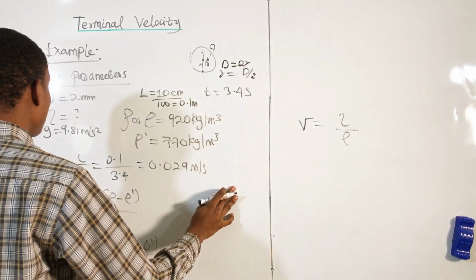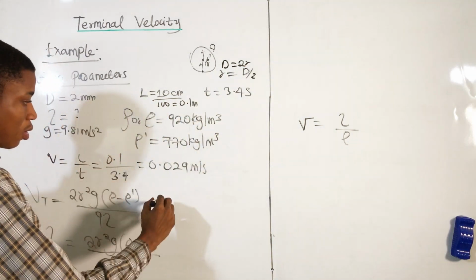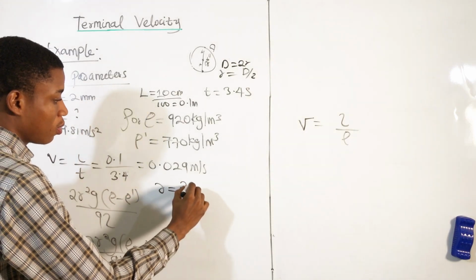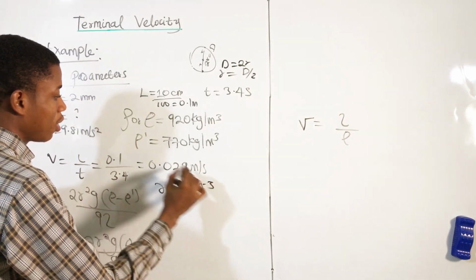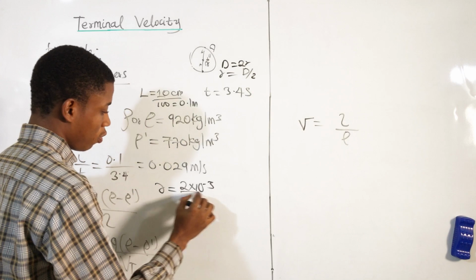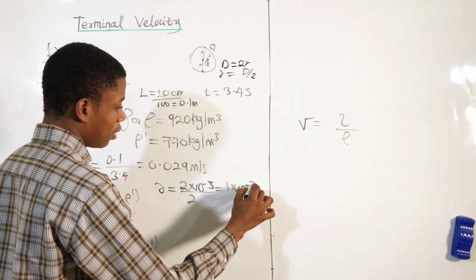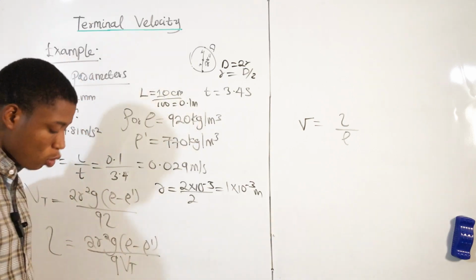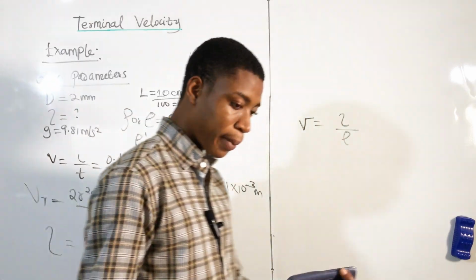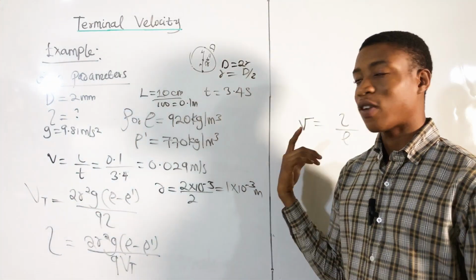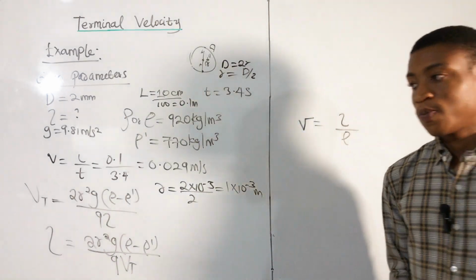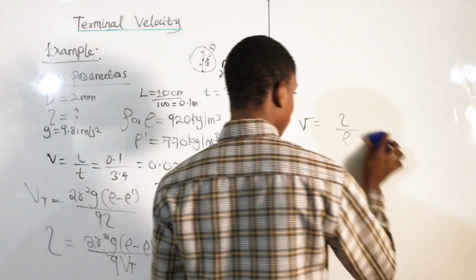So the radius becomes 2 times 10 to the power negative 3 meters over 2, which is 1 times 10 to the power negative 3 meters. With all this, everything is in its proper unit. We're going to substitute those values into the equation. So let's do that.